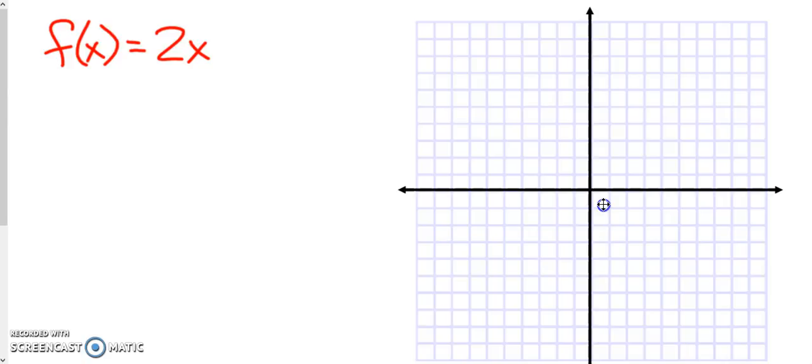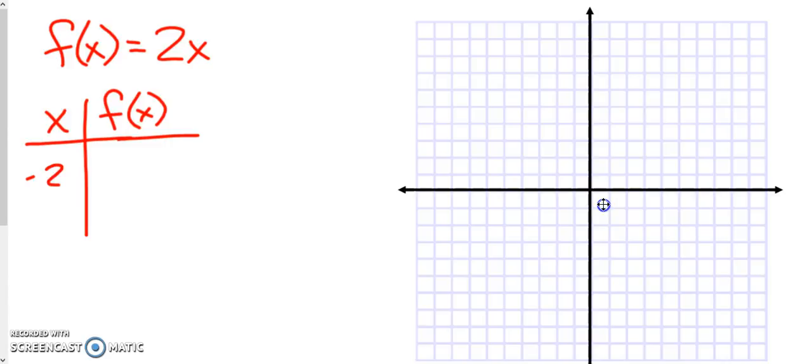Now, if you didn't know how to graph this, which you should know how to graph that, but if you didn't, you could always make a chart, right? So here's x, and here's f of x.